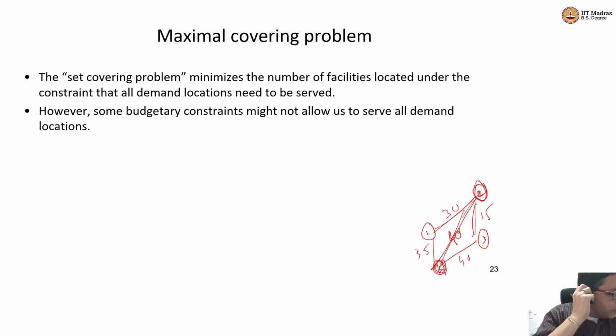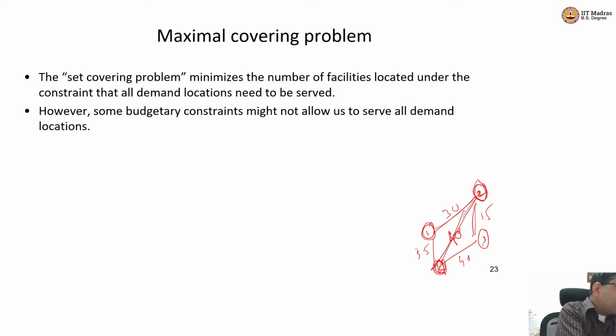Now this is a rather poor example, but that's okay, it helps me explain. Sometimes I don't want to just cover the nodes. I'm not in the realm of the partial set covering problem where my objective is to maximize the number of nodes covered.